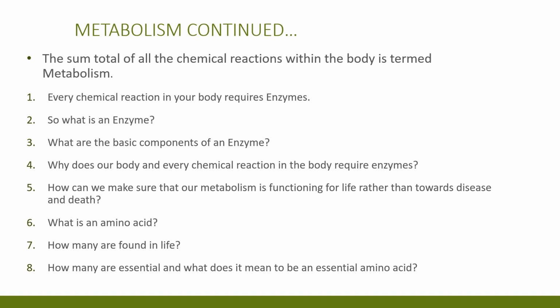So metabolism is the sum total of all the chemical reactions within the body, and every chemical reaction requires enzymes. So what is an enzyme? Anybody know? Think about it for a minute. Enzymes are made up of globular proteins. And a globular protein has usually more than one protein combined together with bonds to either a mineral or a vitamin.